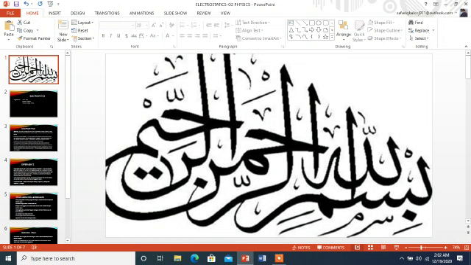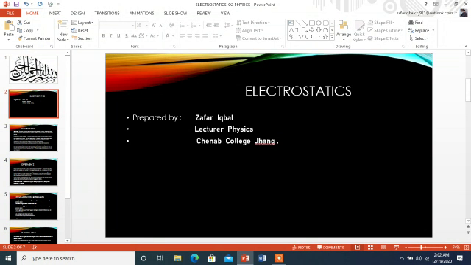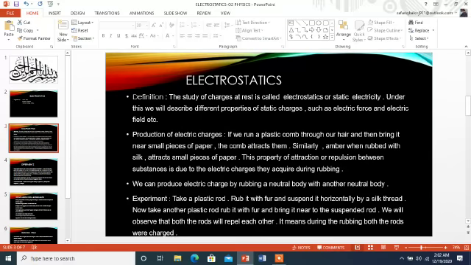Today we are going to start our new chapter and new topic, that is electrostatics. Electrostatics, the study of charges at rest, is called electrostatics or static electricity.